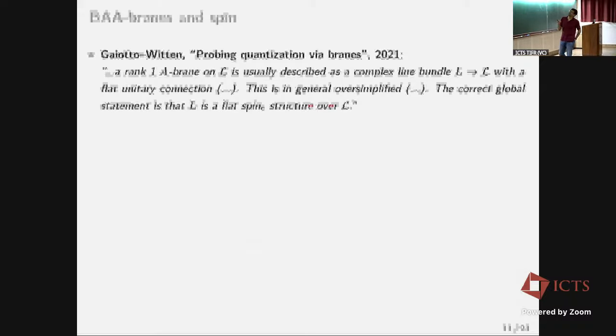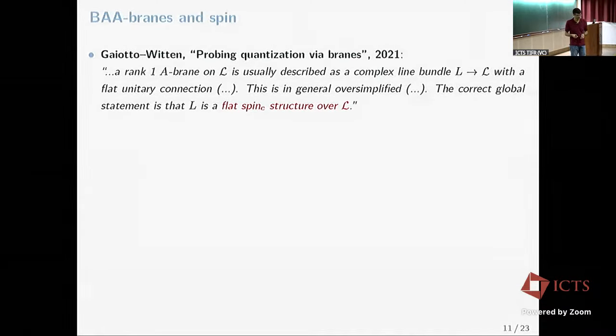They say this in this paper, and there are other people from physics who say so too. Gaiotto and Witten say that a rank 1 A-brane, a Lagrangian L with a bundle, is usually described as a complex line bundle with a flat unitary connection. Then they say that this is in general oversimplified, and they explain it's due to some corrections, some anomaly.